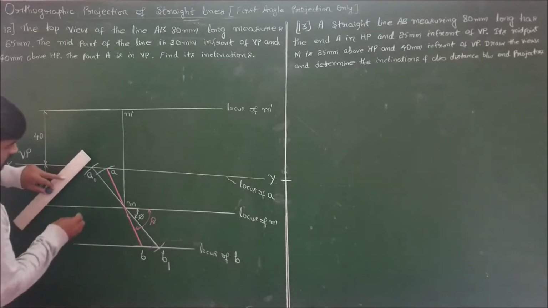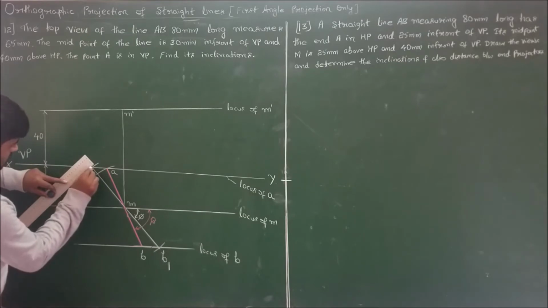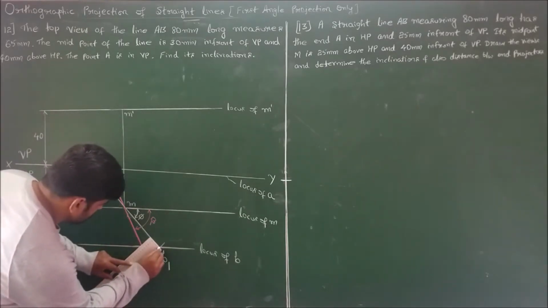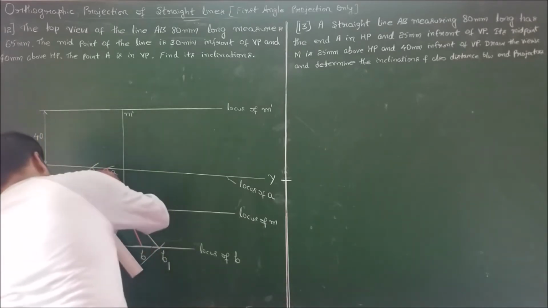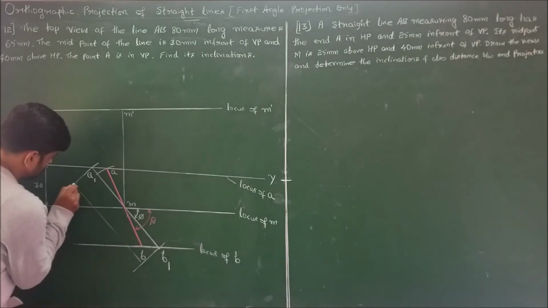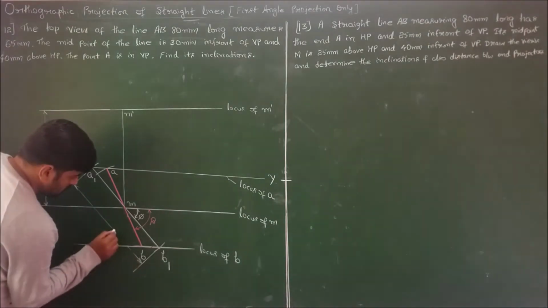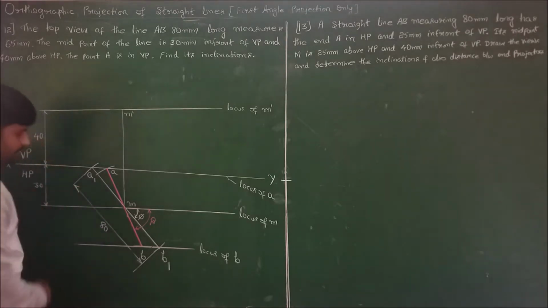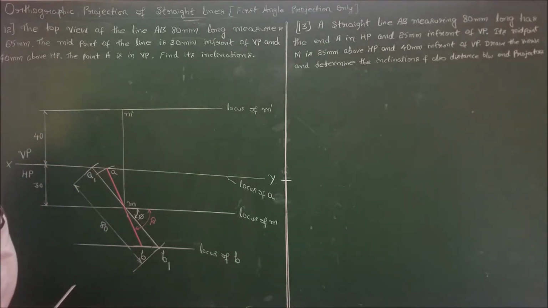The true length of this line is 80 millimeters. It's given data for us. So this completes the true length and apparent length in the top view.